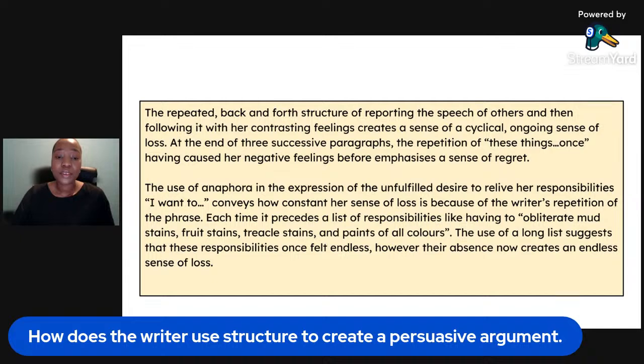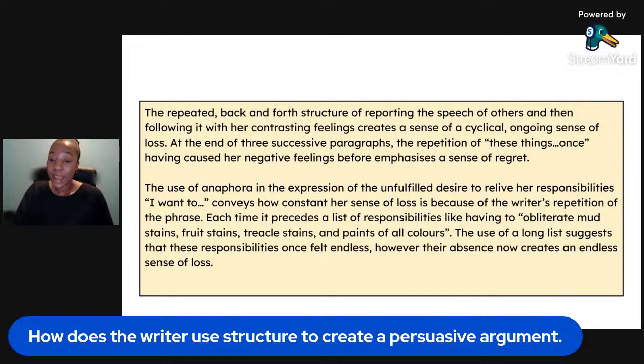Each time it precedes a list of responsibilities like having to obliterate mud stains, fruit stains, treacle stains, and paints of all colors. The use of a long list suggests that these responsibilities once felt endless. However, their absence now creates an endless sense of loss. So the fact that she doesn't have those responsibilities compounds that sense of loss.